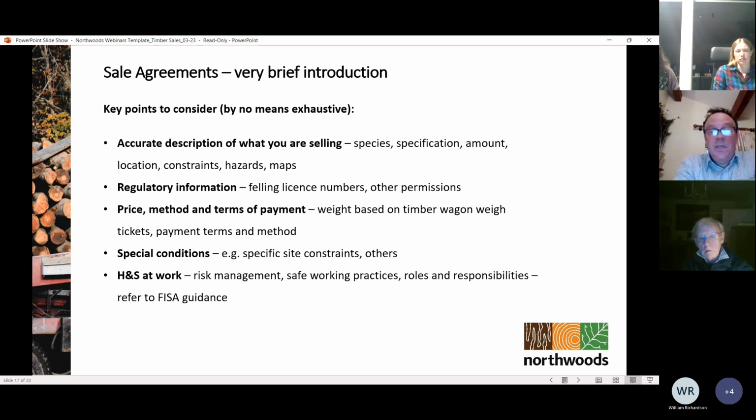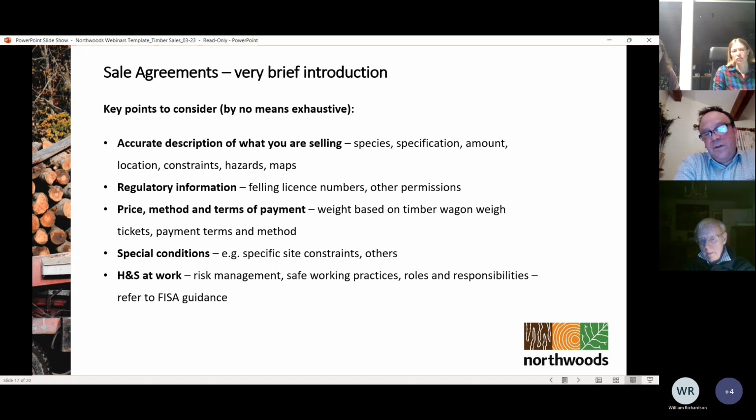It's a good idea if there's any special conditions to the site, for example, environmental constraints or access arrangements. If you're going past a school and you don't want the wagons there between 8 and 9:15 in the morning, or 3 and 4:30, make sure that's recorded in the contract documentation, and cover yourself on your health and safety requirements.